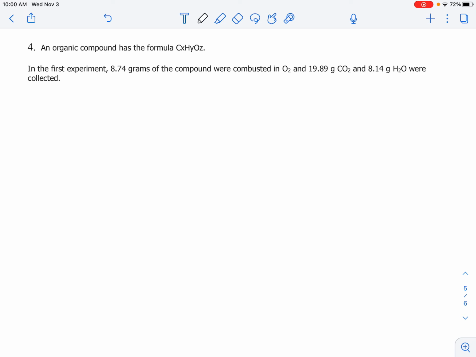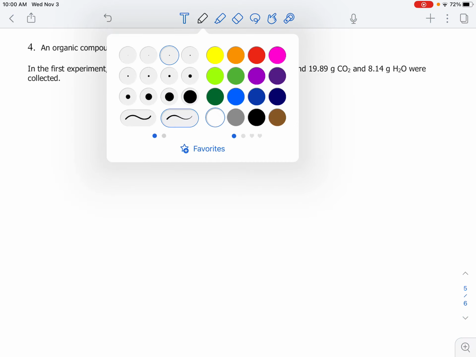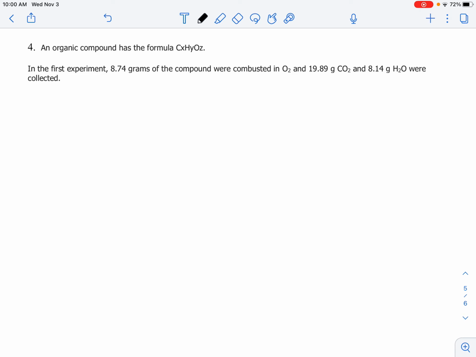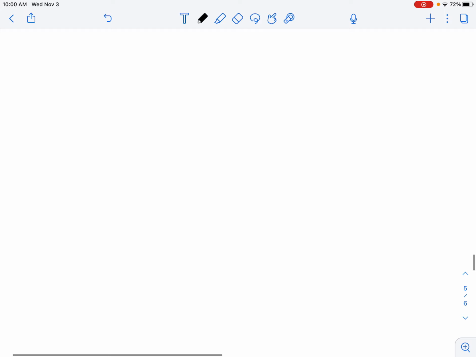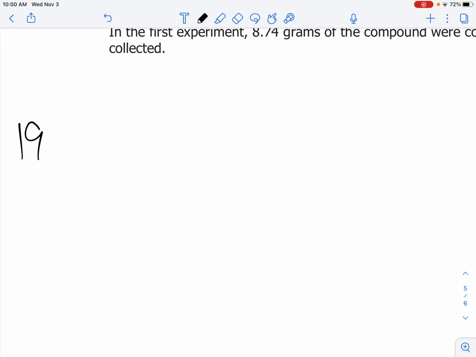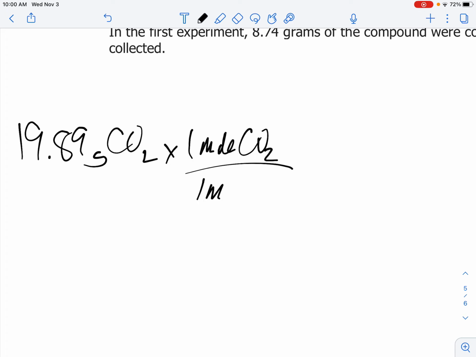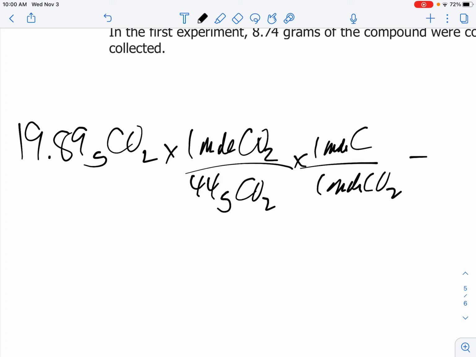Because right now they're telling me that I have a combustion analysis and I've got carbon dioxide and water, and I know what to do for the first part of this experiment in order to get what C, H, and O are. So I have 19.89 grams of carbon dioxide, times 1 mole of carbon dioxide per 44 grams of carbon dioxide, and then there's 1 mole of carbon for every 1 mole of carbon dioxide.